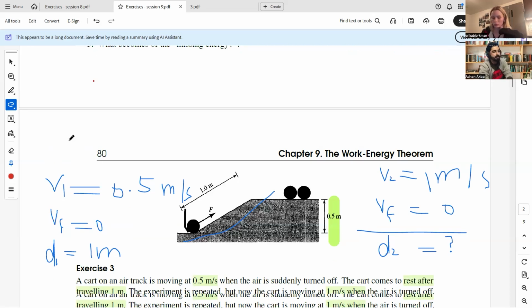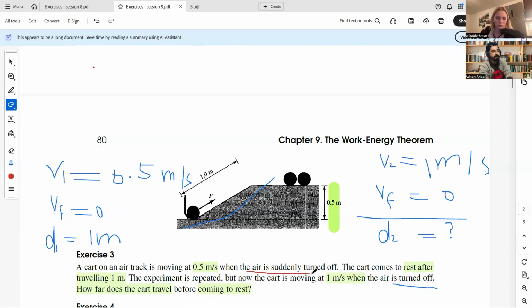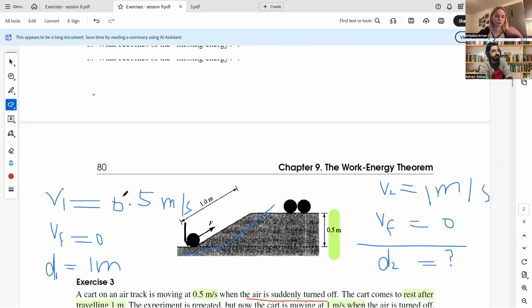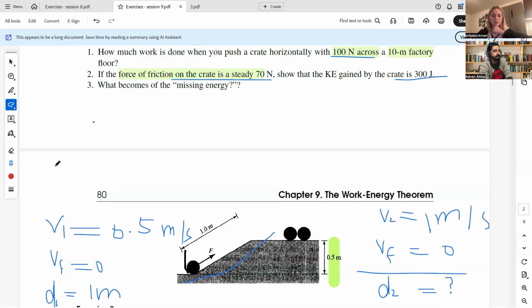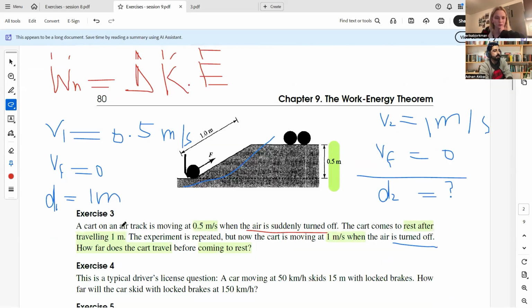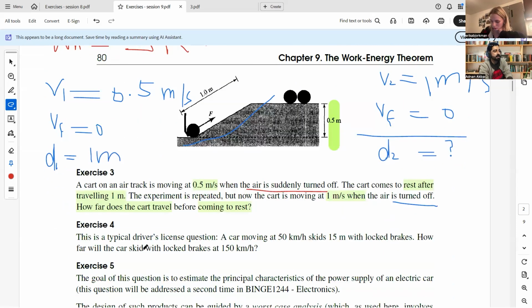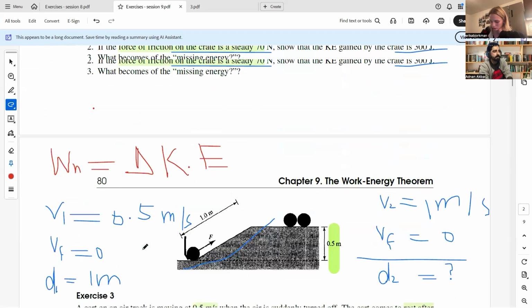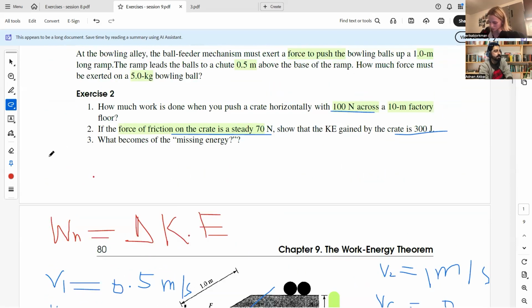It can be the force of friction of the air that we have to calculate. So net work done that we know is equal to change in kinetic energy.